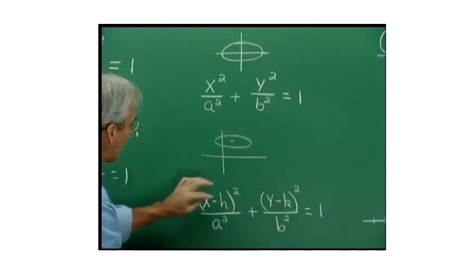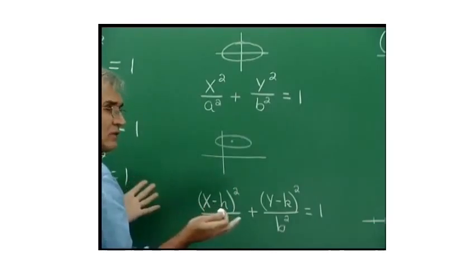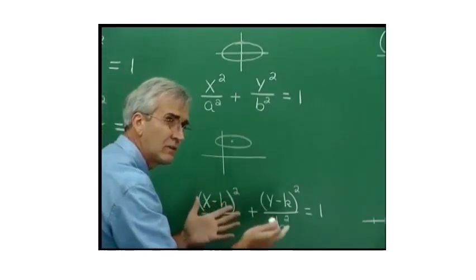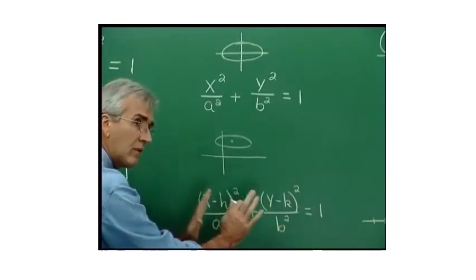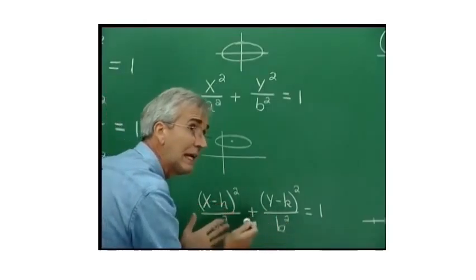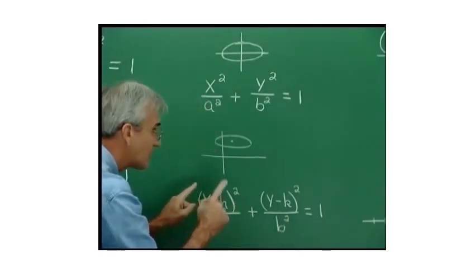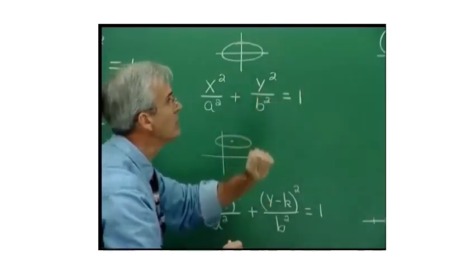So now we have binomials squared in these numerators. But the analysis is really relatively simple. When we see an equation in this form, we understand the meaning of all of the different parts. The a and the b haven't changed meaning at all, and we simply have the extra little nuance of the h and the k.